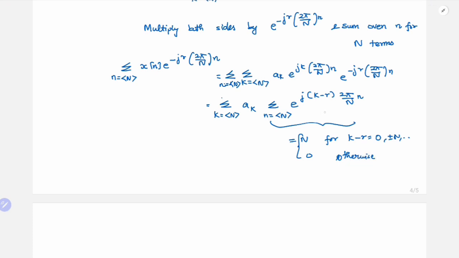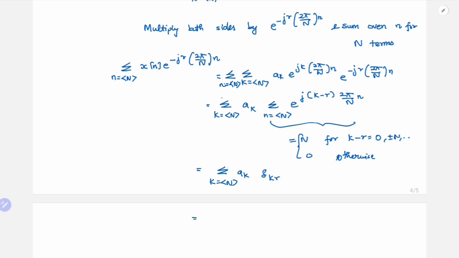And let's say I'm restricting my k and r to be between 0 and N, then the only possibility is my k is equal to r, right? So I'll get summation over k of N a_k delta of k minus r, which means that it exists only for k equal to r. In all other cases it is going to be equal to 0.